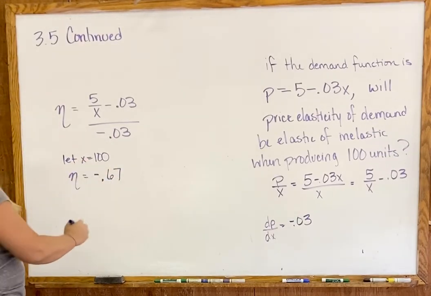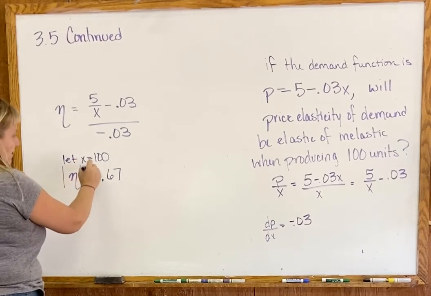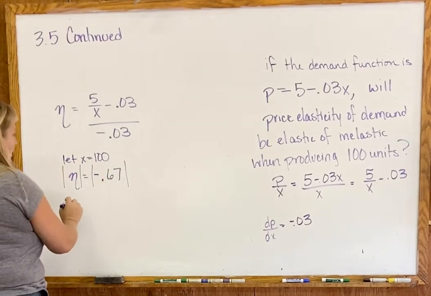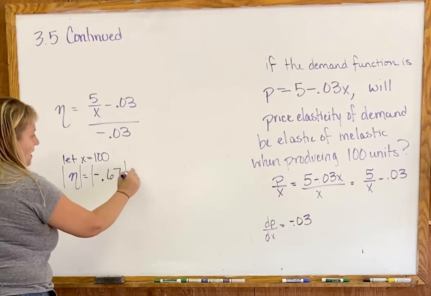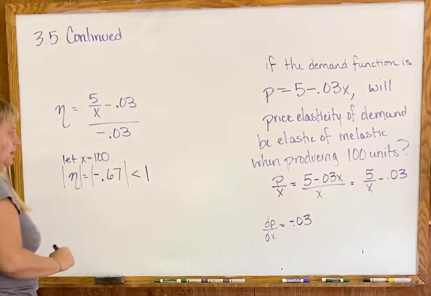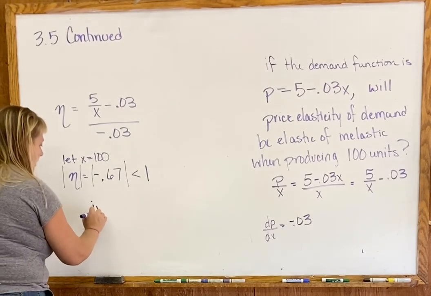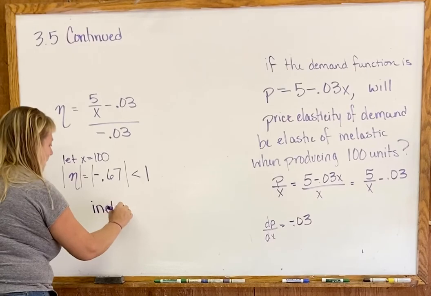Okay, now remember, eta says take the absolute value for the price elasticity. So it means that we are going to be less than 1, aren't we? So 0.67 is less than 1. If we are less than 1, then we are inelastic, right? So inelastic.